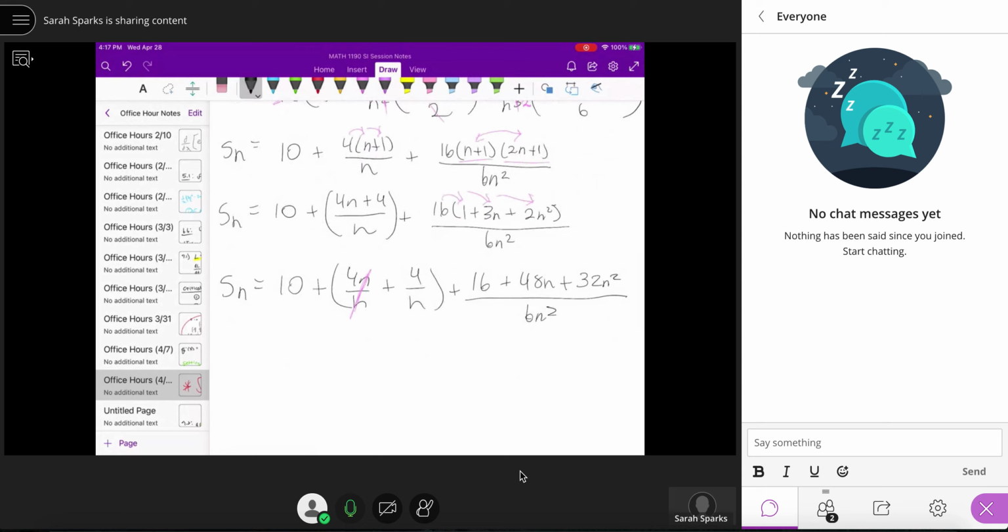And then we're going to do the same thing that we did in that second fraction, we're going to break it up into 3 different fractions. So we're going to get 10 plus 4 over n plus 16 over 6n squared plus 48n over 6n squared plus 32n squared over 6n squared.